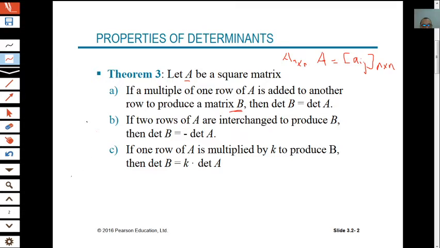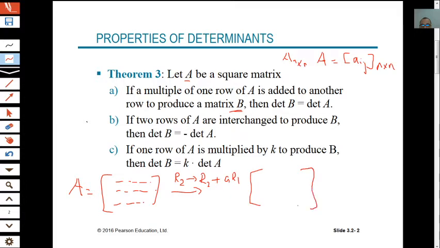Namely, we have a matrix A, and in matrix notation we write the entries of the matrix for each row, and we do a row operation which is replacement. For example, R2, the second row, is replaced by R2 plus a number times R1. We use the row operation called replacement, and we obtain a matrix which is row equivalent to the previous one, and this is called the matrix B in the theorem.